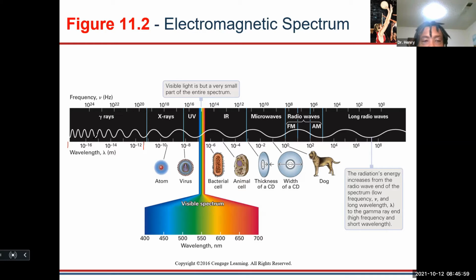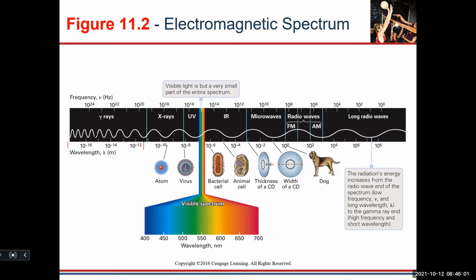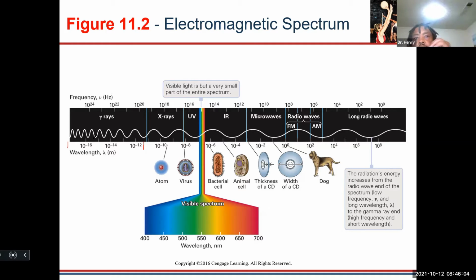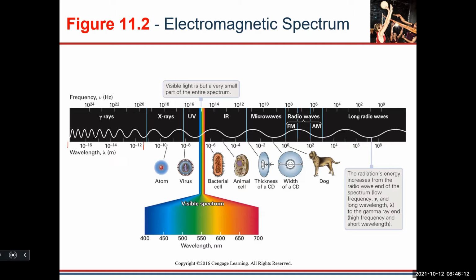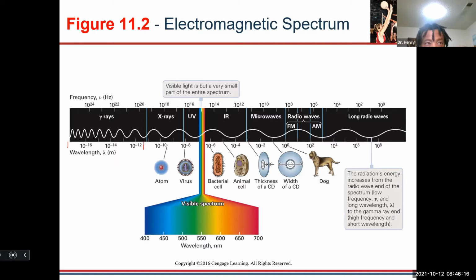Gamma rays would kill you because the waves are so small that they go through your skin and through your cells, and they destroy your DNA immensely. That wavelength of energy just goes in and breaks up the DNA, so it really destroys us completely. That's what happens in reality.